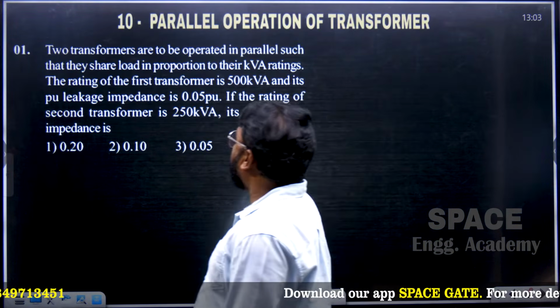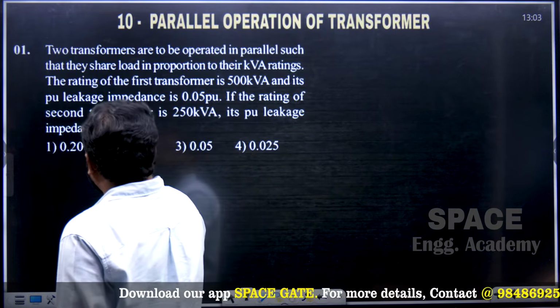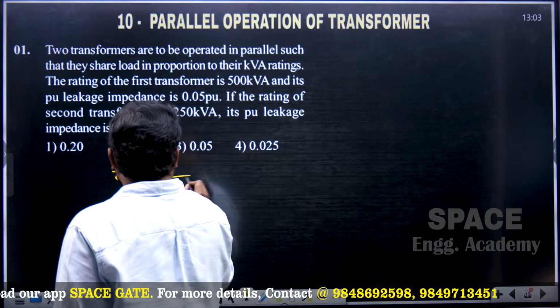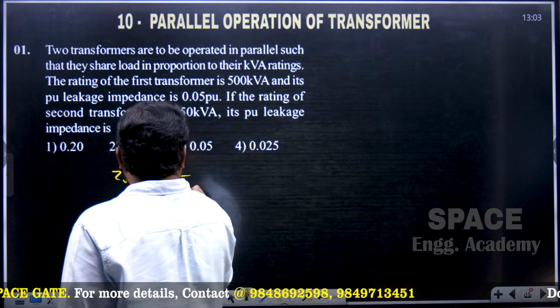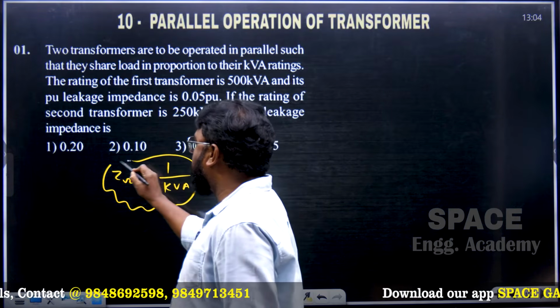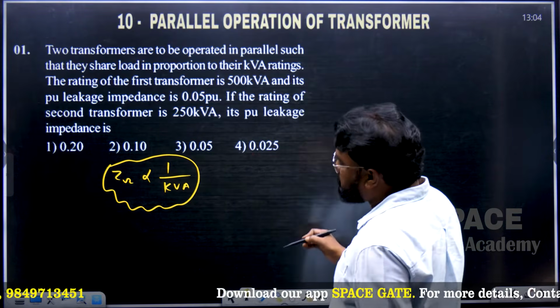So to share the load directly proportional to their kVA rating, what is the condition here? The ohmic impedance of the transformer is inversely proportional to the kVA rating of the transformer. This condition has to be satisfied. So ఈ కండిషన్ మనం మాడిఫై చేస్తే ఎలా వస్తుందండి?